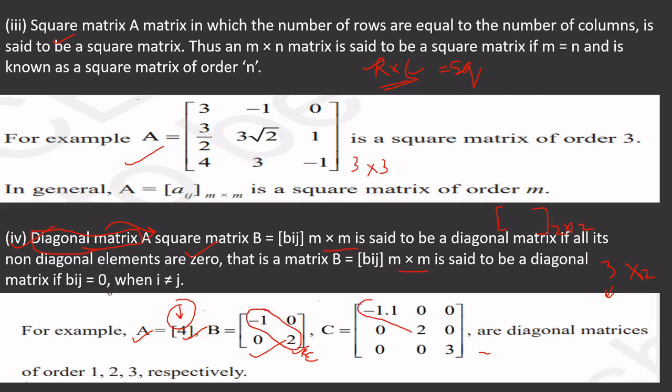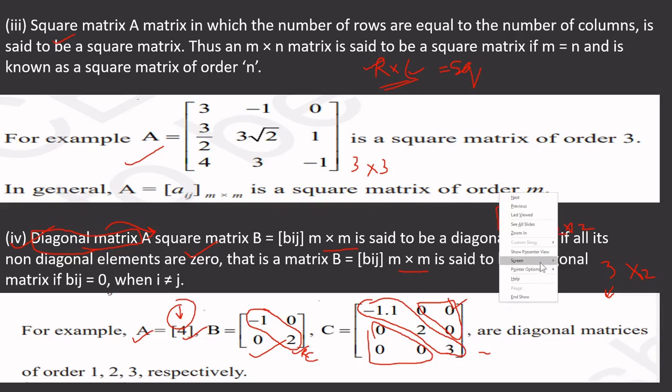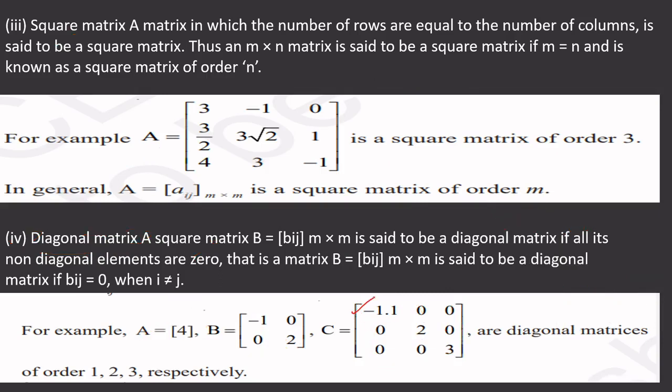See, the diagonal has elements, and beyond it there are the upper triangular and lower triangular parts. This is the lower triangular, and this is the upper triangular. These are 0, and the diagonal has elements. We are not concerned what type of element we have, rational, irrational, anything can be there.